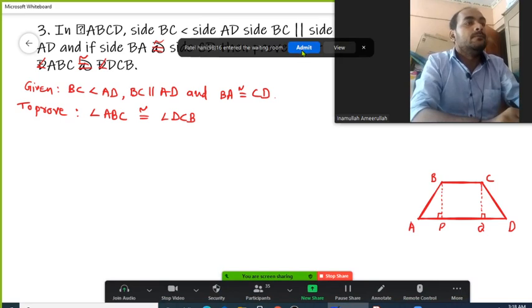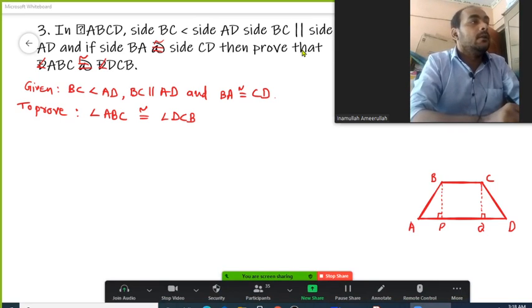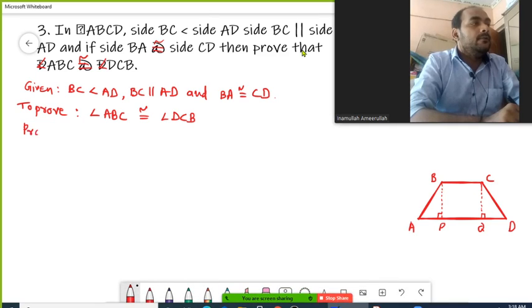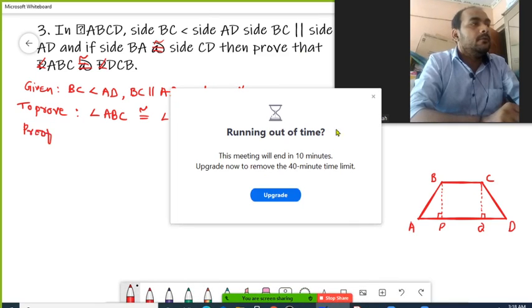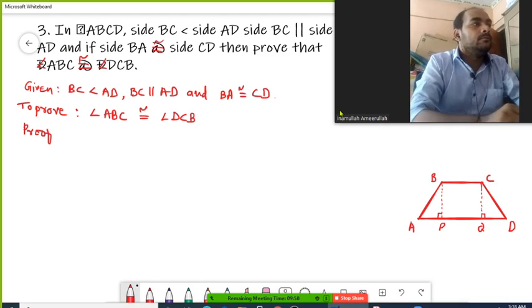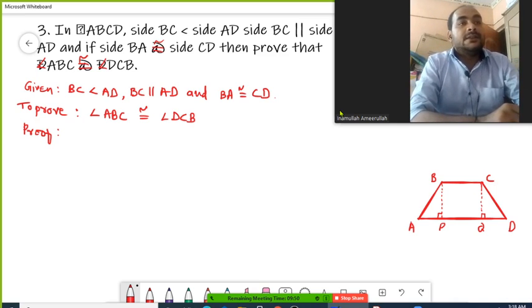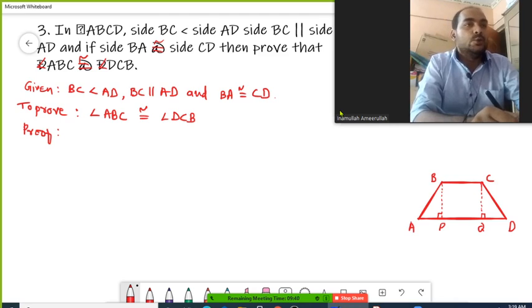Now we will write our proof. First I am going to make a perpendicular from B to AD and from C to AD. These two perpendiculars are BP and CQ.